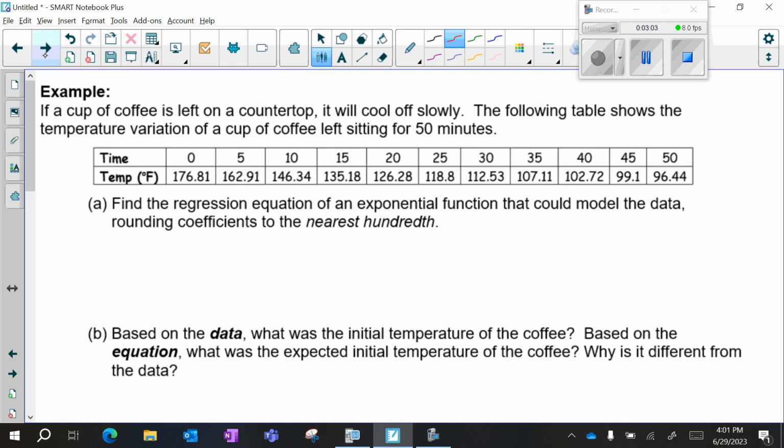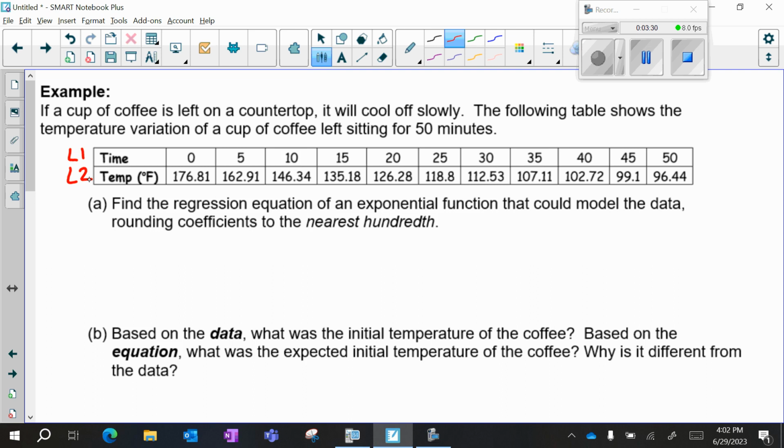If you go to the first example, we're talking about a cup of coffee. It says if a cup of coffee is left on a countertop, it will cool off slowly. The following table shows the temperature variation of a cup of coffee left sitting for 50 minutes. What I'd like you to do right now is pause the video and enter all of your information into L1 and L2, so that way you can go through the rest of this process with me.